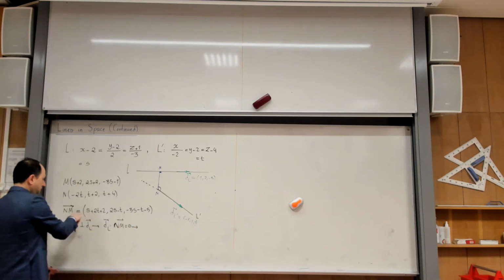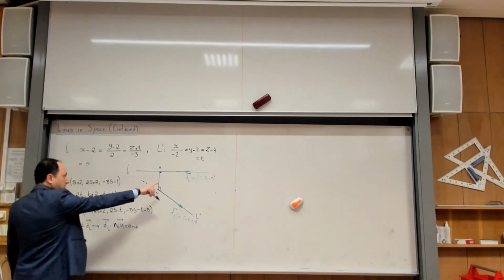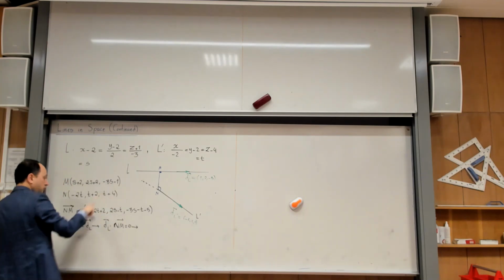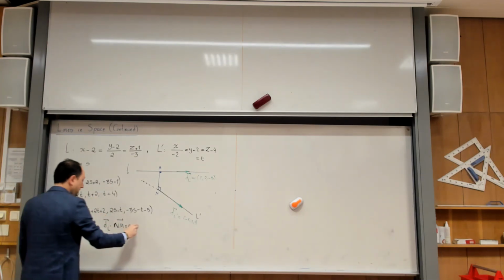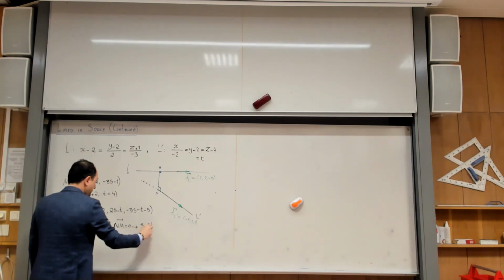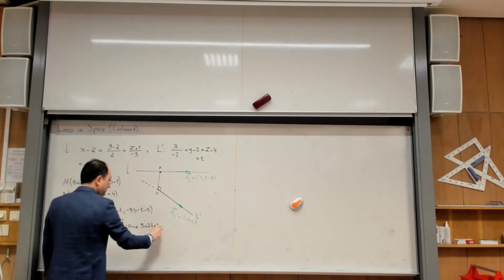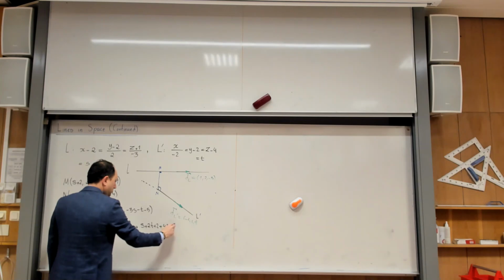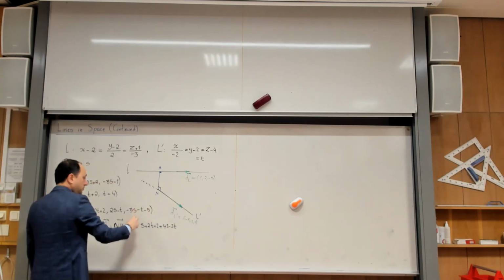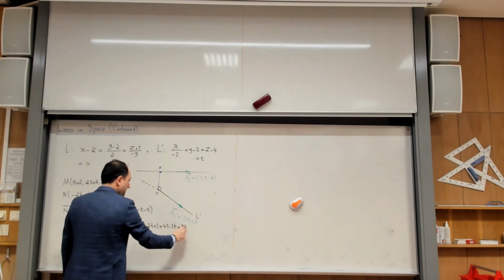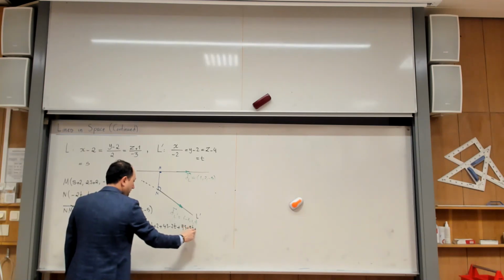This is NM and that is dl. So if I take the dot product, 1 should be multiplied by this expression, so this becomes s plus 2t plus 2. 2 should be multiplied by this, so it becomes plus 4s minus 2t, and minus 3 should be multiplied here, so it becomes minus 9s plus 3t plus 15. This should be equal to 0.